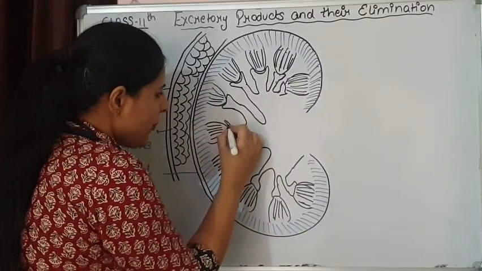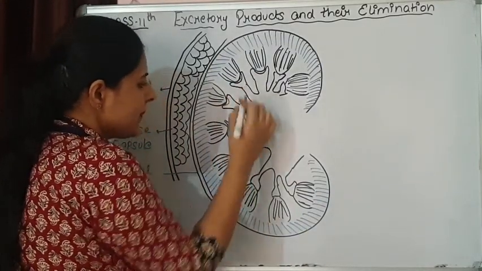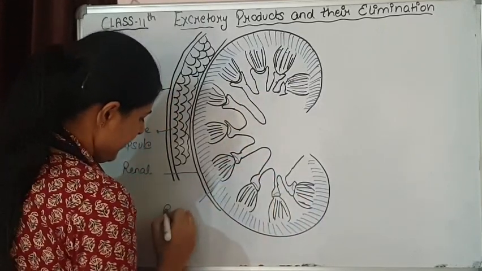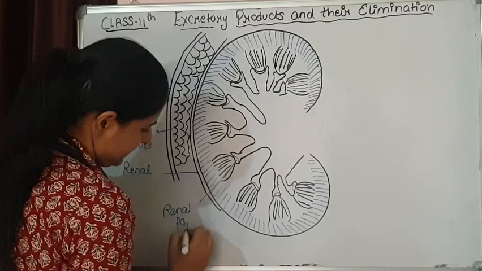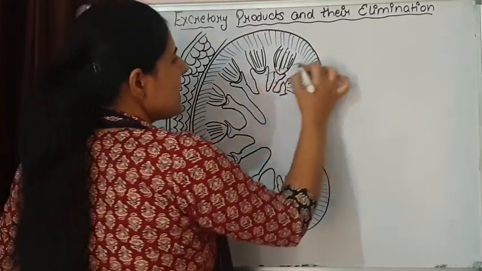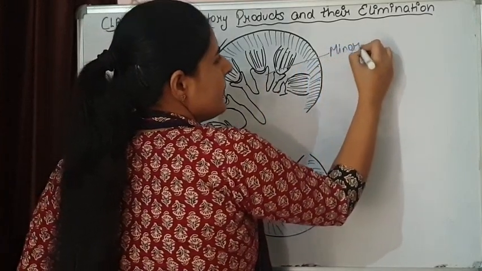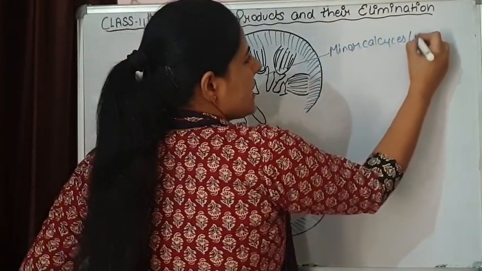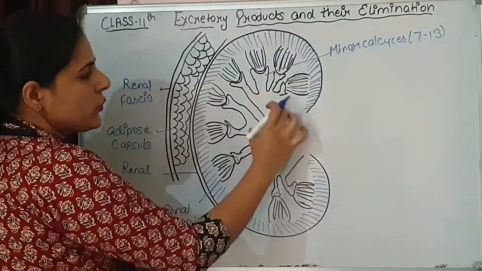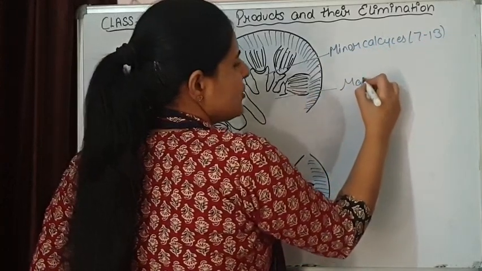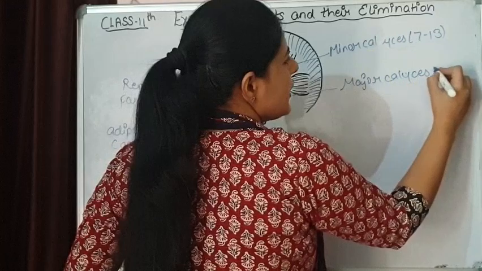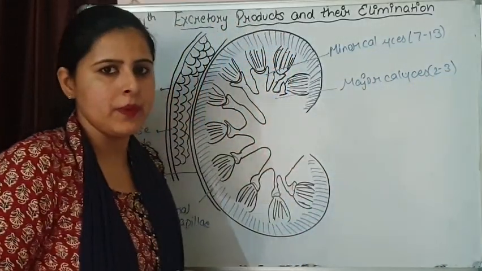The openings of these medullary tubules are into structures known as renal papillae. These small sections that are visible are minor calyces, which are 7 to 13 in number, and these minor calyces open into broader structures known as major calyces, which are 2 to 3 in number.